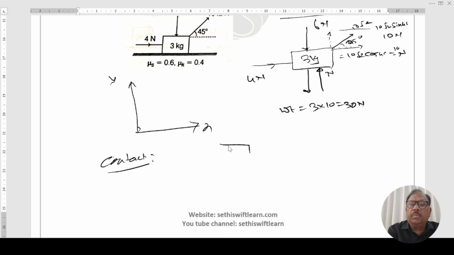What is contact force? Again repeating. This is the surface. Contact force, action reaction.